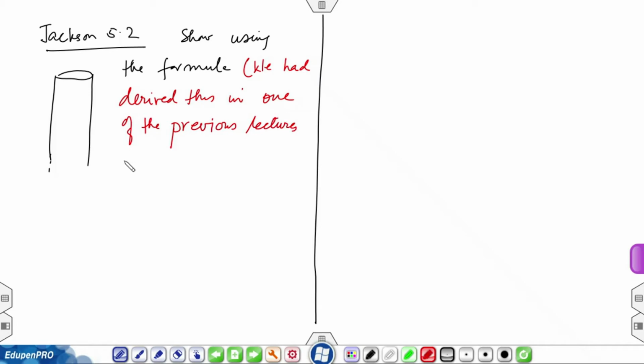And it is the solution of problem 5.1 of Jackson.